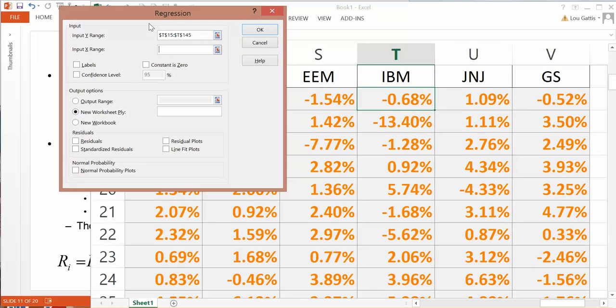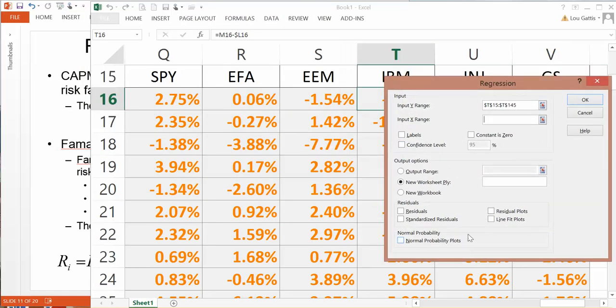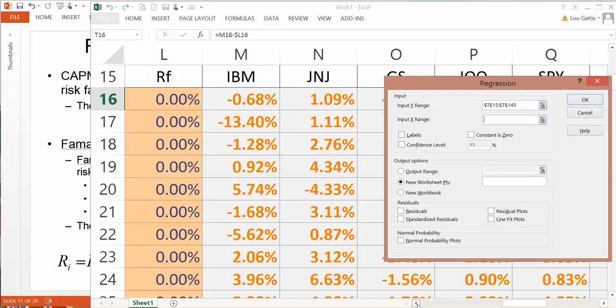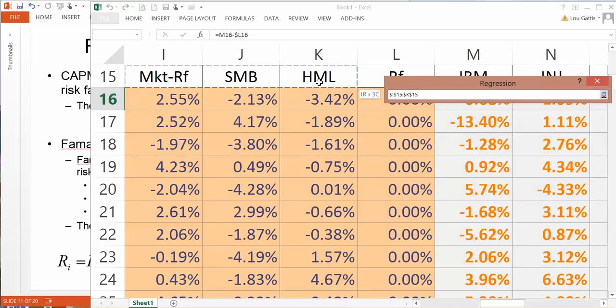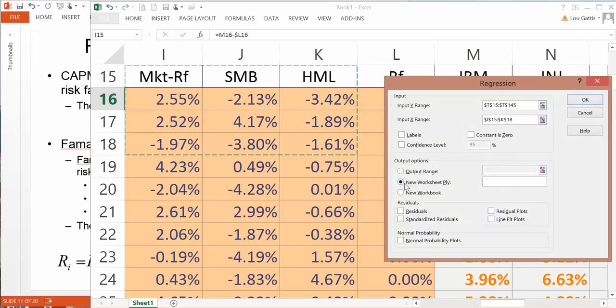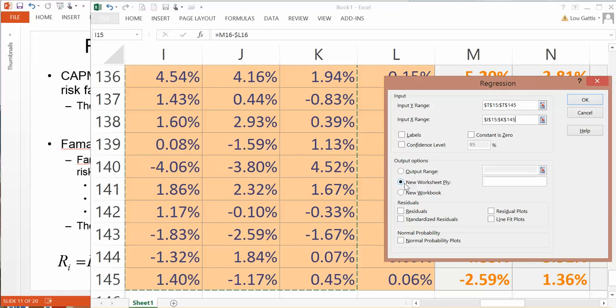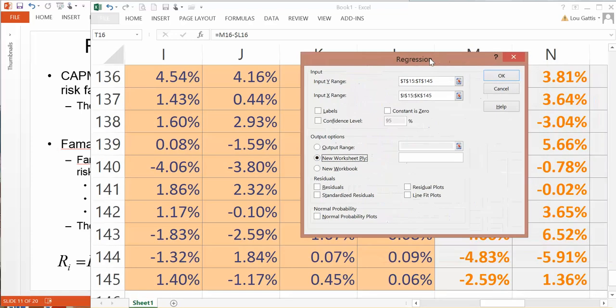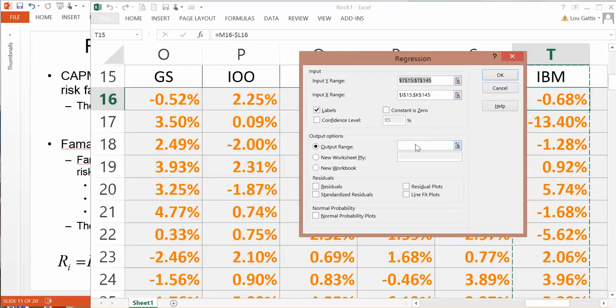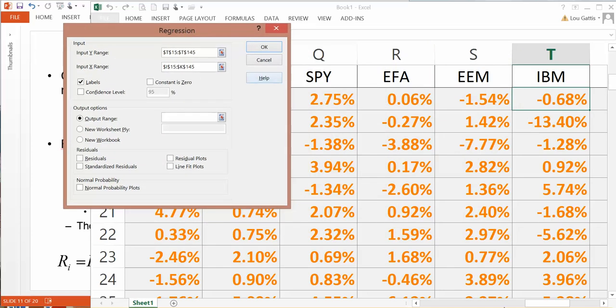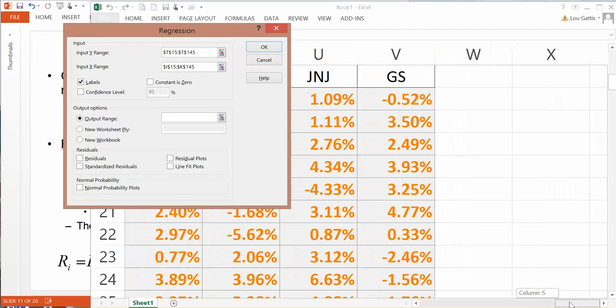And then my X explanatory variables are the returns from Fama-French: market, SMB, HML. And since I included the labels when I selected that data, that first row were words, I'm going to click on labels and let me put the output somewhere to the right of my spreadsheet.